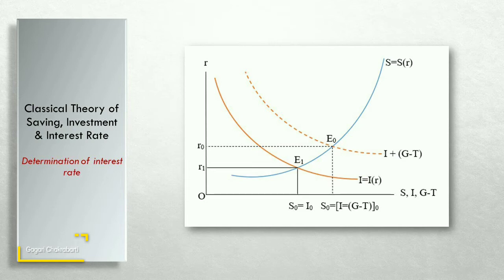If we add I and G minus T, then that gives us total demand for loanable fund or total supply of bond in the bond market. At the point E0, the total saving or the total demand for bond or the total supply of loanable fund is equal to the total amount of bond issued in the market. It includes the government issue of bonds as well as the bond issued by the private firms.